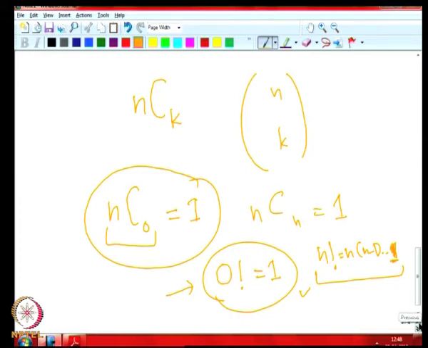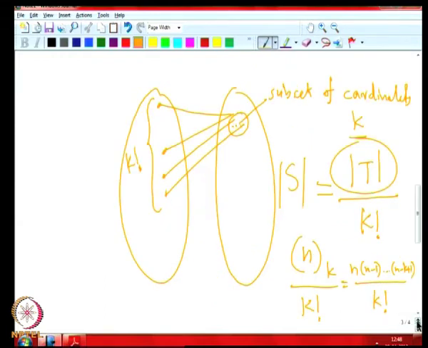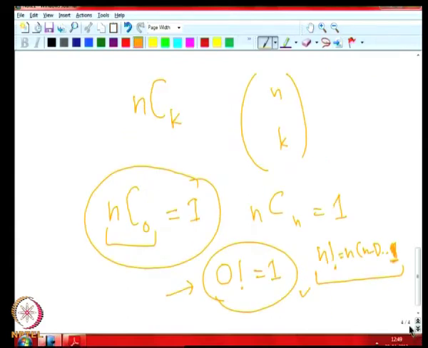The earlier method is telling us that we will list all the k partial lists, so there are 0 partial lists, right? So that's an empty list. So it doesn't really make sense there, so we don't have to rely on that proof here. We can just note that n c 0 is equal to 1 because we have an empty subset, right? So that's a 0 cardinality subset. So n c n is the full set. This definitely makes sense because n factorial by n factorial is what that formula gives, that gives us 1.